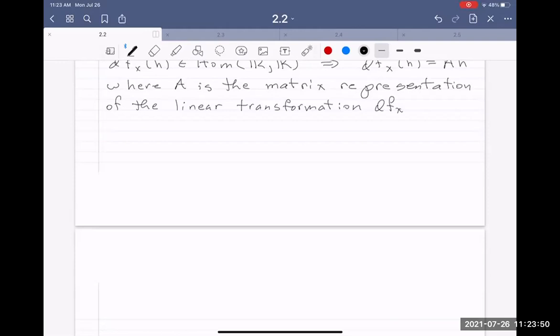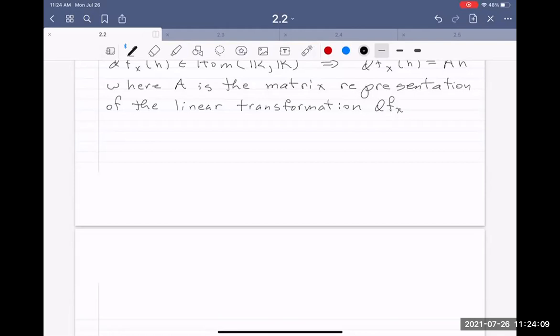But since this is going from R to R, it's a one-by-one matrix, and there's a one-to-one correspondence between this matrix and a real number.